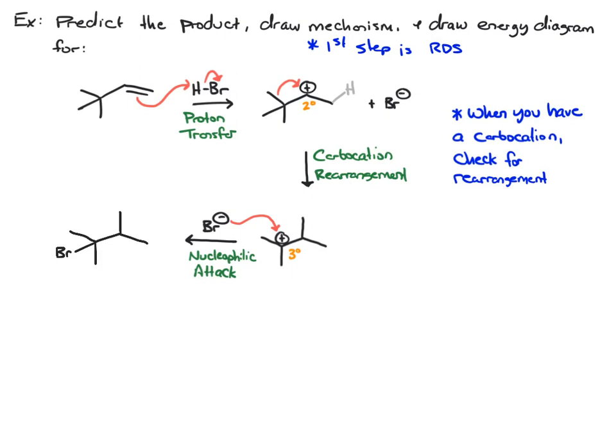So the last part is to draw the energy diagram or the reaction coordinate diagram. To do that, let's go ahead and label our species. We have a starting material and a product. Then we have intermediate 1 and intermediate 2.